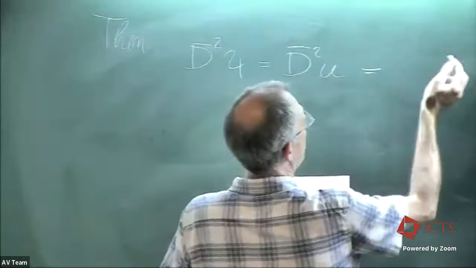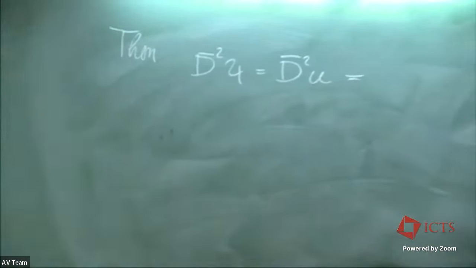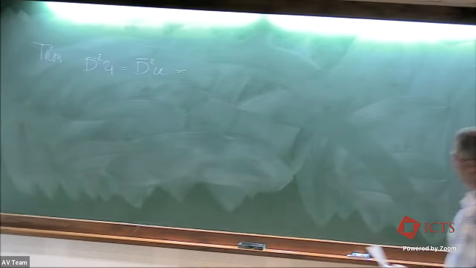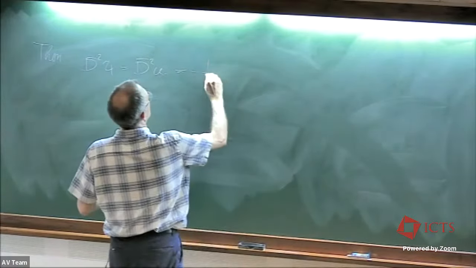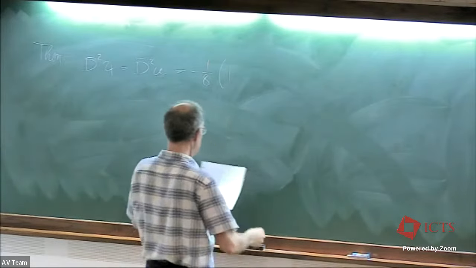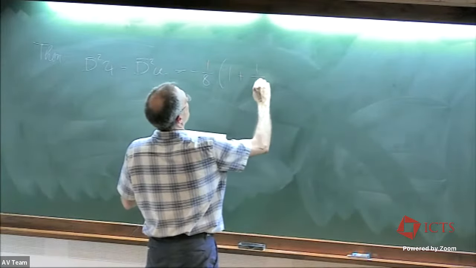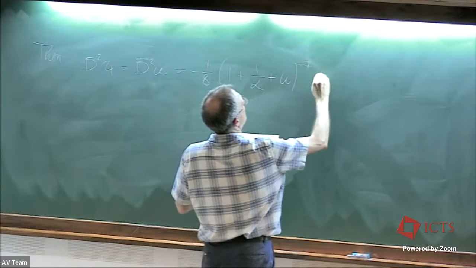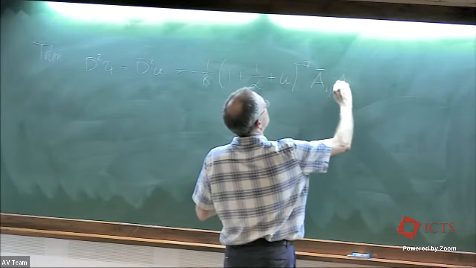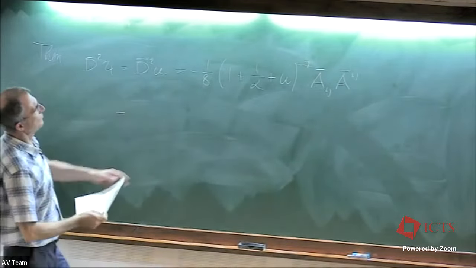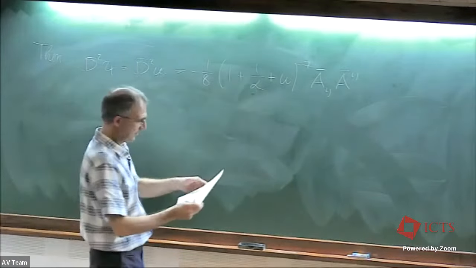And on the right-hand side, if I move this Aij squared term to the right-hand side, I get minus 1 over 8 psi to the minus 7, that will be 1 plus 1 over alpha plus u to the minus 7 times Aij squared. Basically, I can pull a factor of alpha out of this expression.